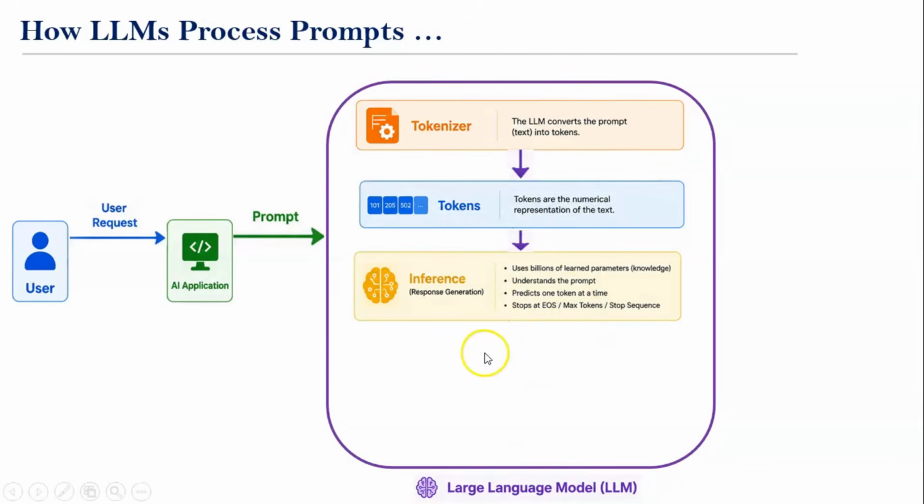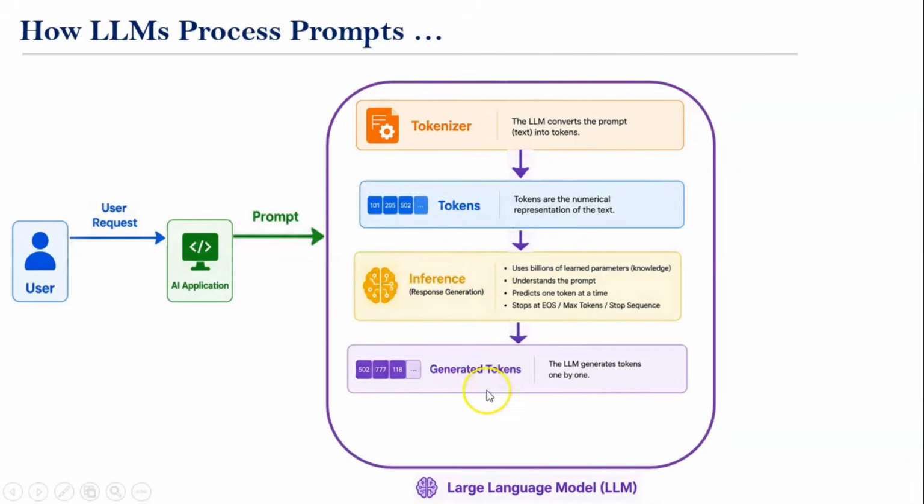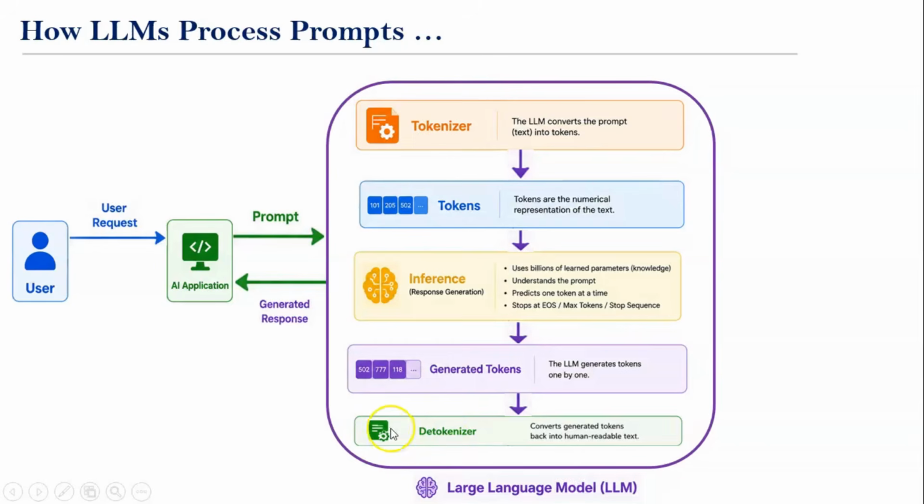So, the LLM uses inference to generate a response in terms of tokens for our given input tokens. And here, the LLM uses a concept called detokenizer to convert response tokens into human readable text. And that text, the final response from the LLM, will be sent to the AI application. Now, the AI application may directly send this generated response to the user, or sometimes it formats it based on the requirement, and the formatted response it sends to the user.